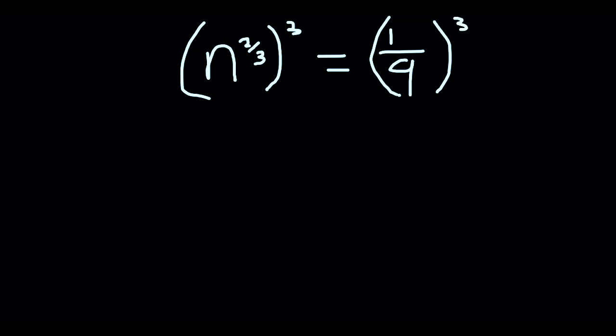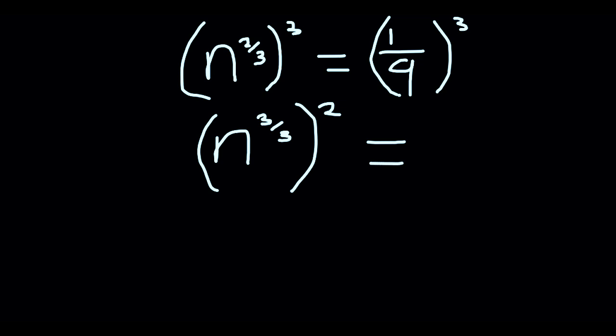So we can write this as n, taking out the 2, we have n power of 3 over 3 into bracket power of 2 equals 1 over 9 power of 3.